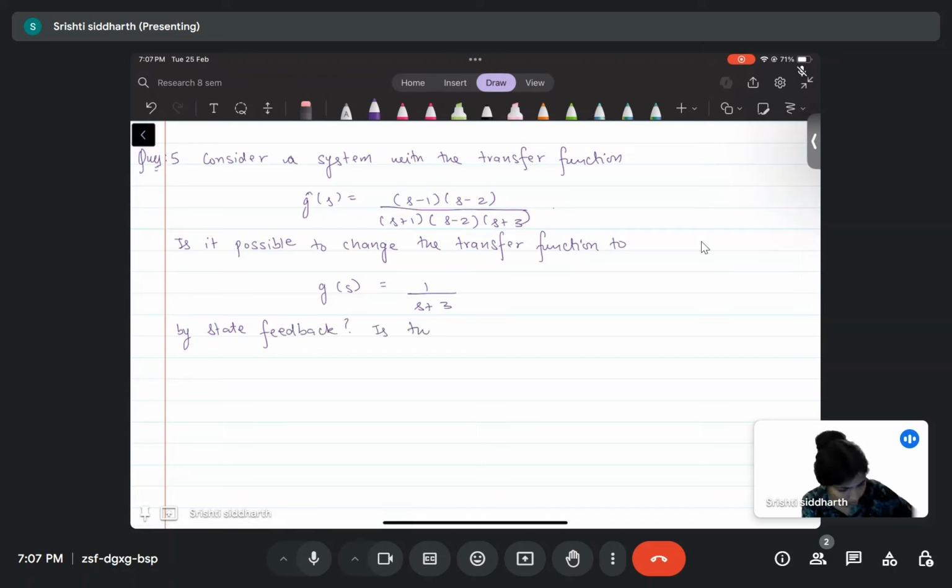Is the resulting system stable? Is it asymptotically stable?